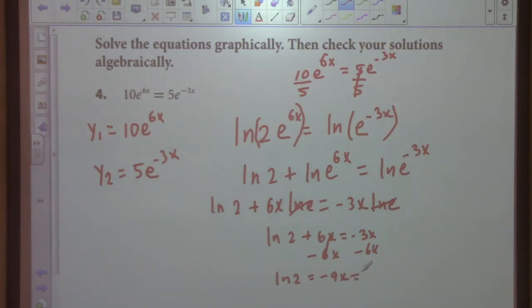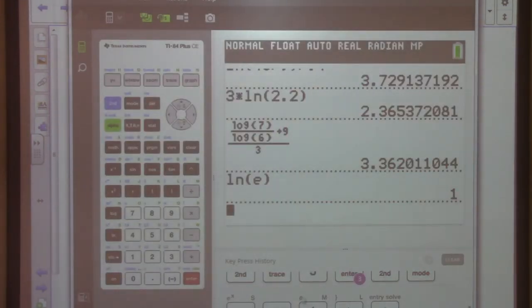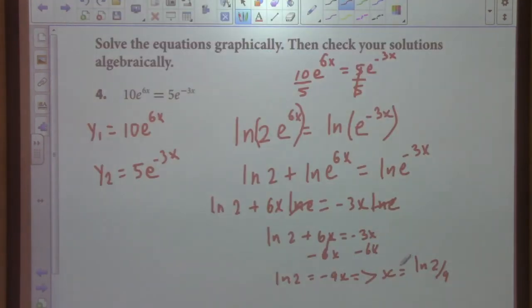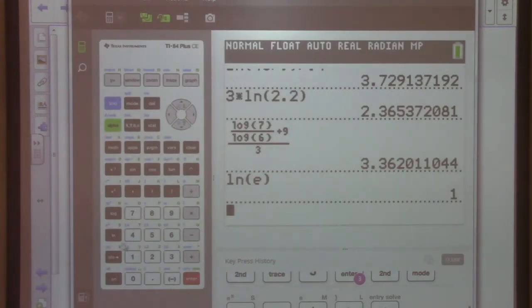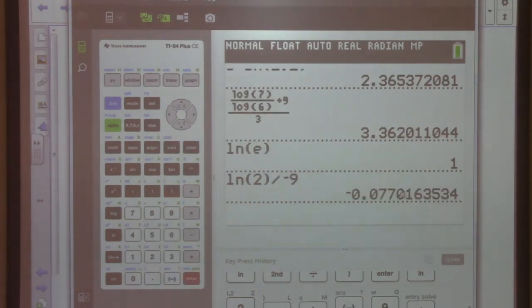And so therefore, x is equal to ln 2 over negative 9, excuse me, I got that wrong. So ln of 2 over negative 9. And so we get, does that look familiar?